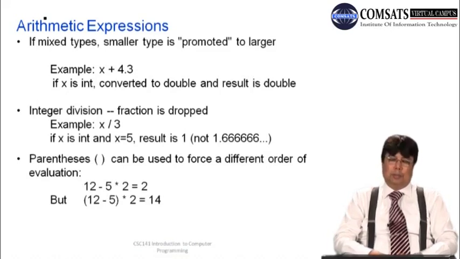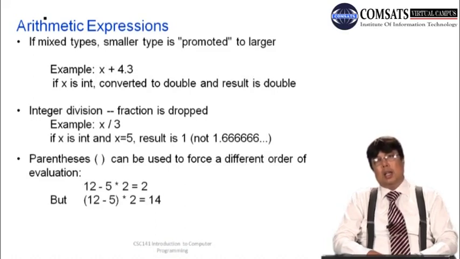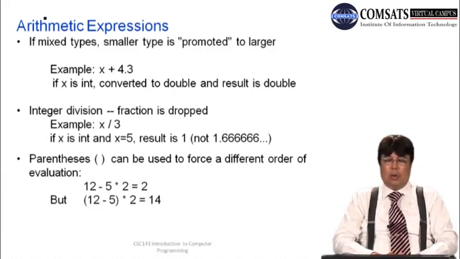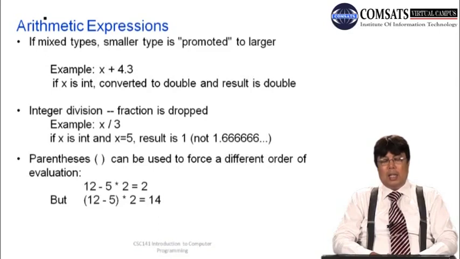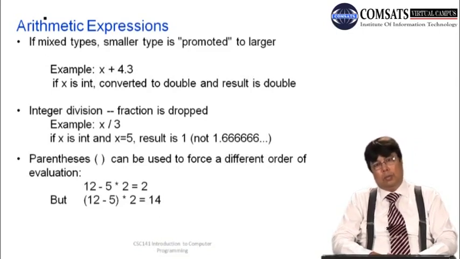Integer division. When you divide x with 3 and x is an integer, answer क्या आना चाहिए? 1.66. Suppose if x is equal to 5 or you divide 5 by 3, the answer should be 1.66. But if your x is an integer, then the answer is not 1.66 because 1.66 is not an integer value. तो यहाँ पे क्या होगा?